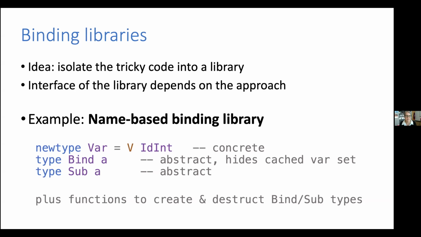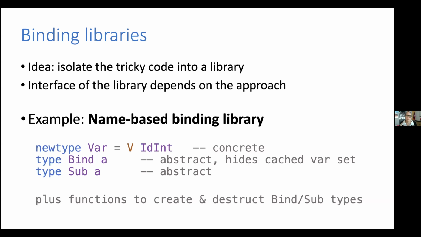I'm going to take this name-based version and talk about how, for all 3 of these different implementations, we can divide these optimized implementations into simple client code that declaratively specifies where the variables are, where the binders are, and much more reusable but sophisticated library code that captures the ideas of these optimizations to make them accessible to others.